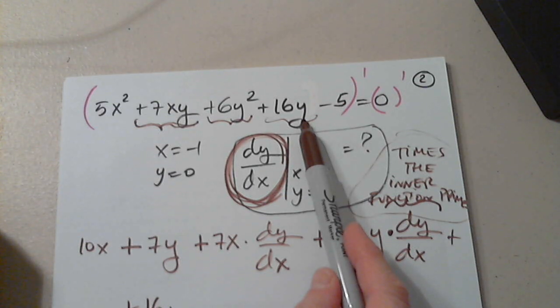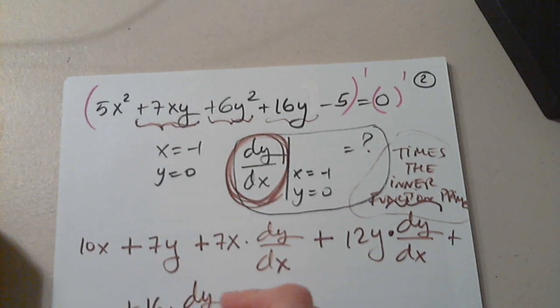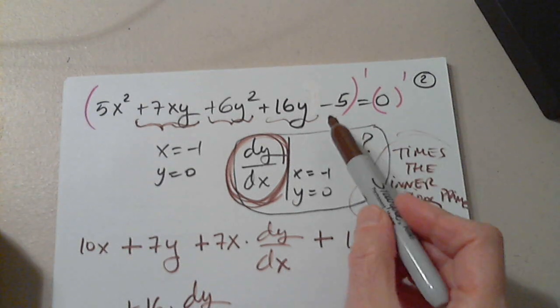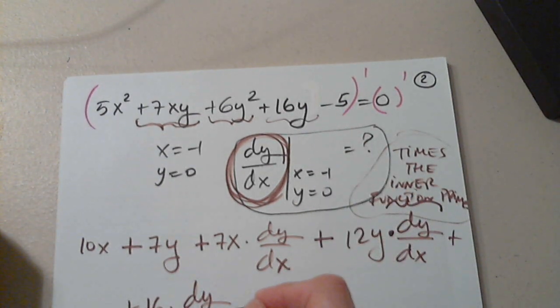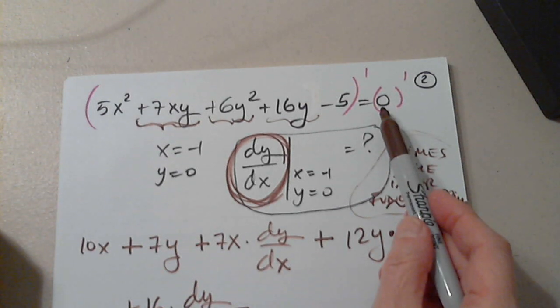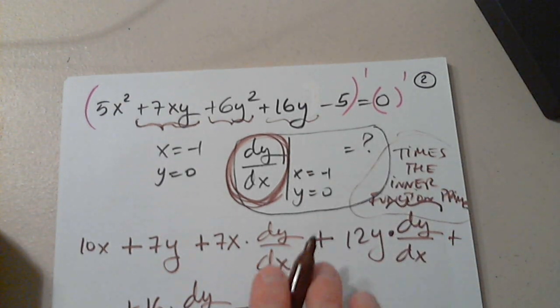One more time. Yes, times dy over dx. -5 prime goes away. Yes. 0 prime goes away. That's it. Awesome.